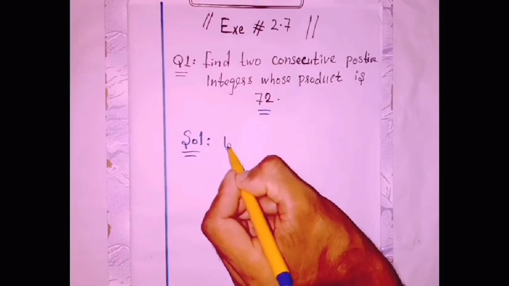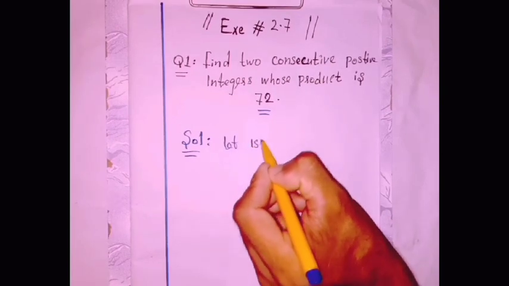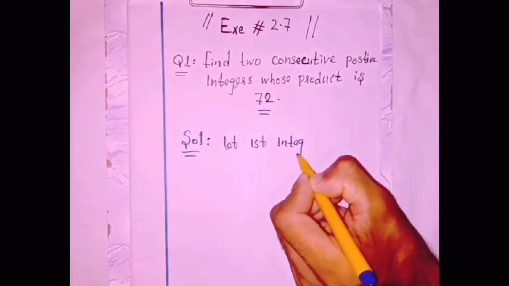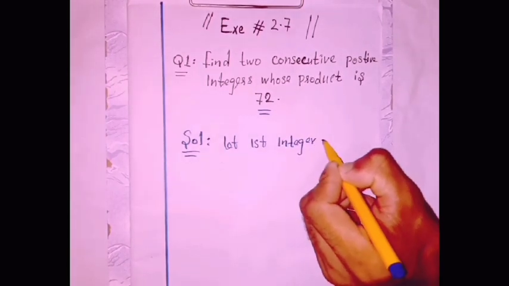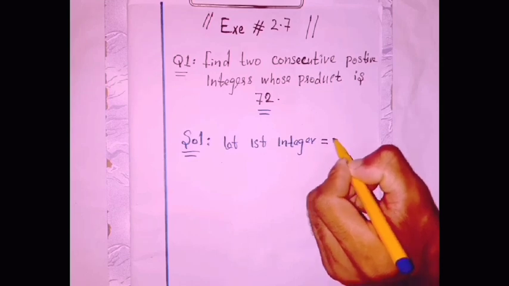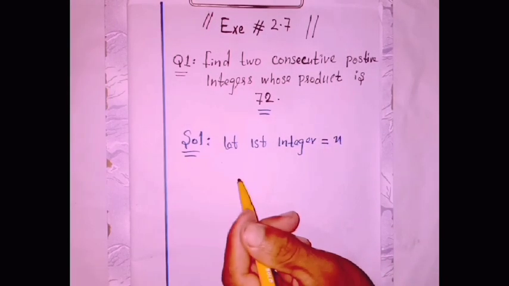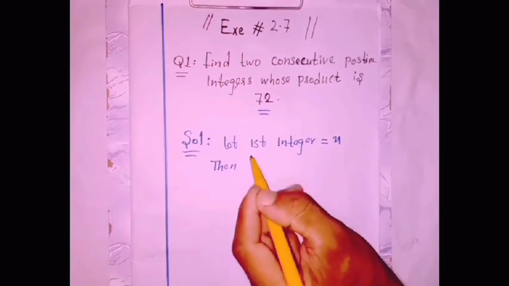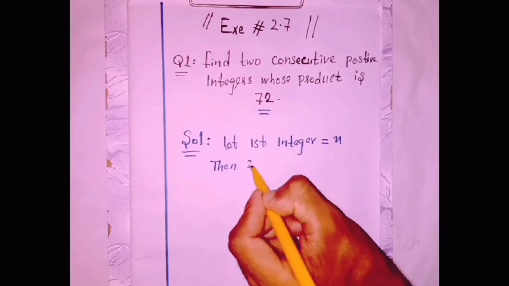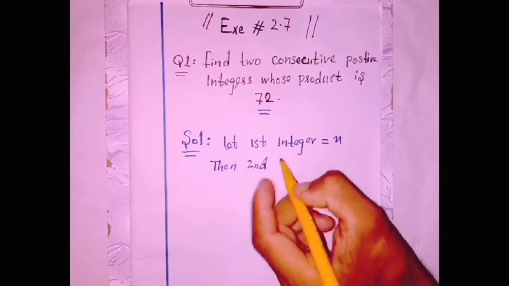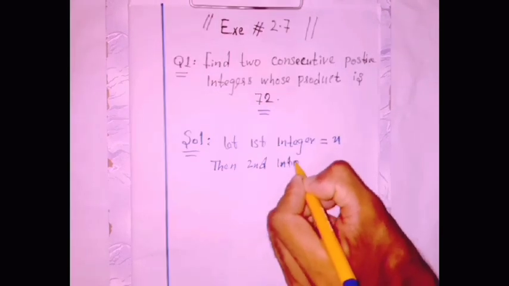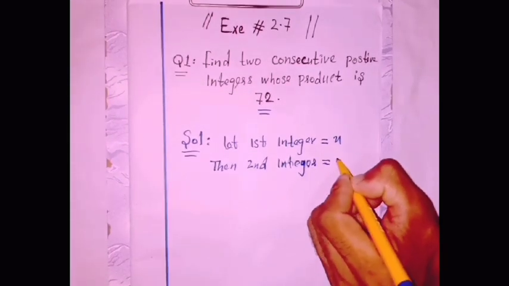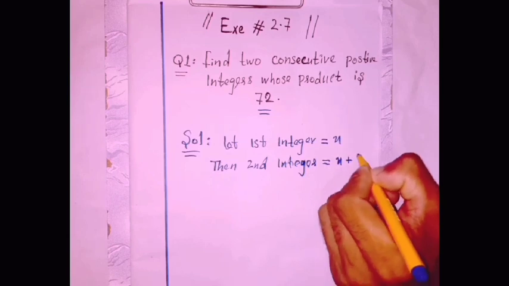So the solution for the given question is: let the first integer be x. So we take the first integer as x, then the second integer will be x plus 1.